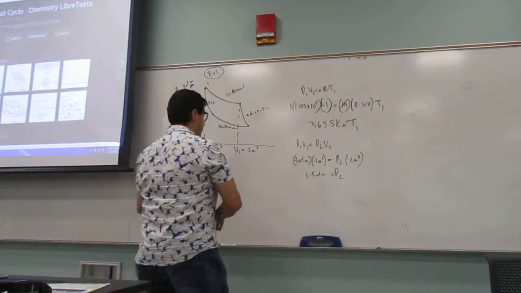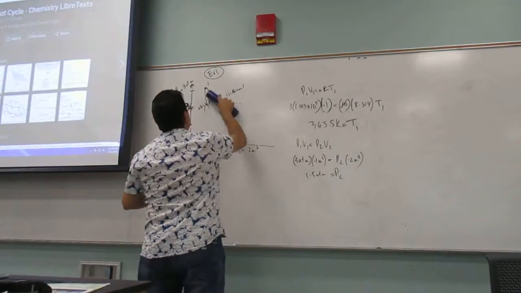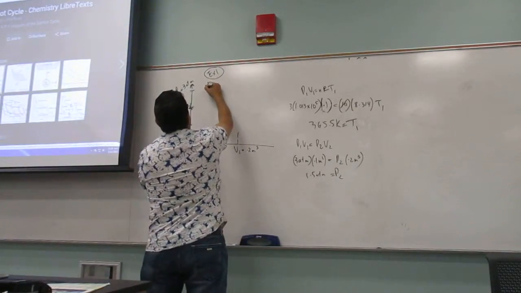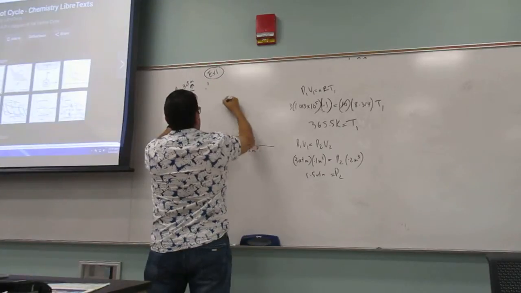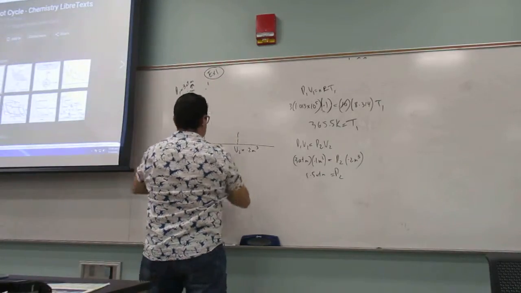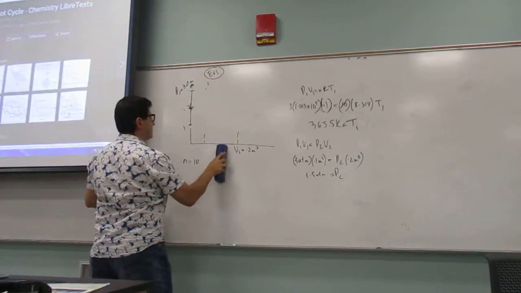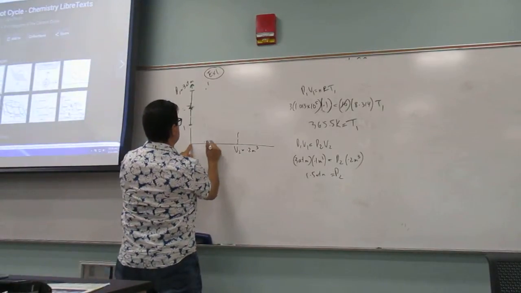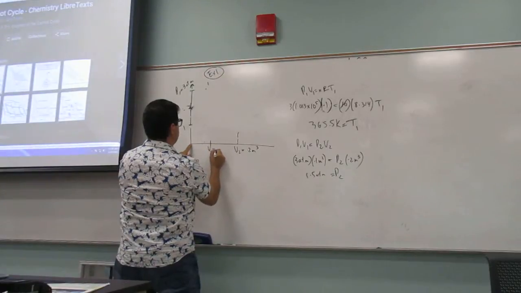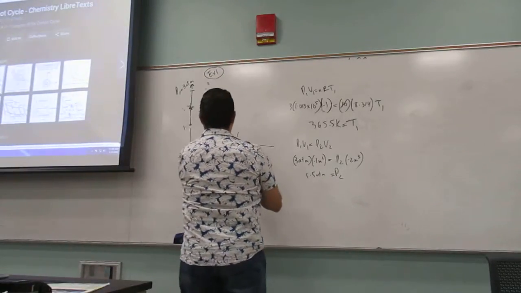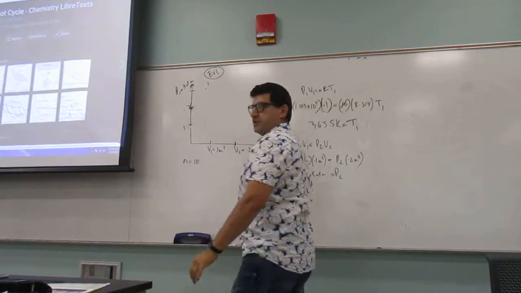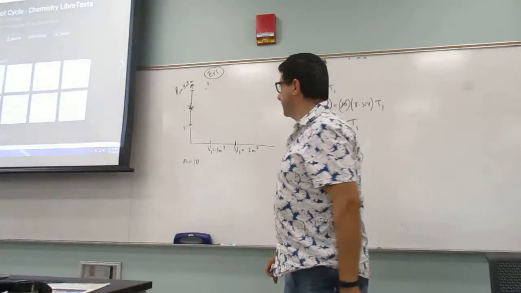So if I start here, it's around right there. The volume, well, you know what? My picture here is not realistic either. If this is V1, 0.1 meters cubed, this is double that, like that. Just draw it to scale so it's nice.